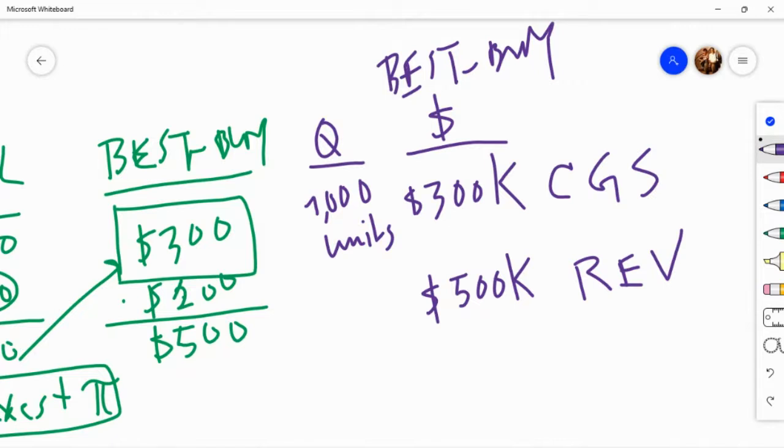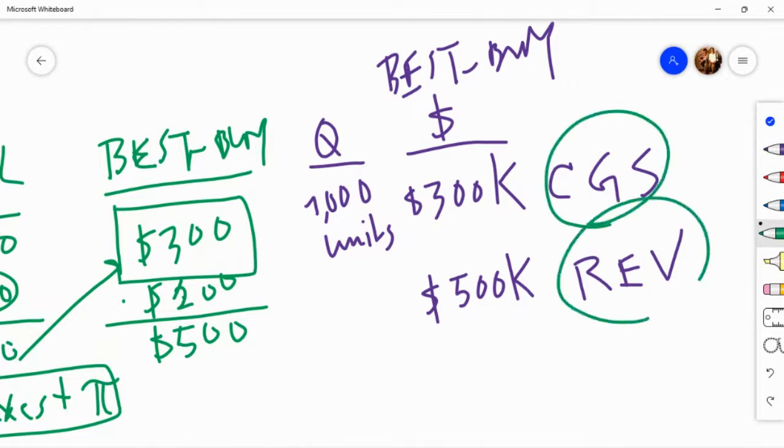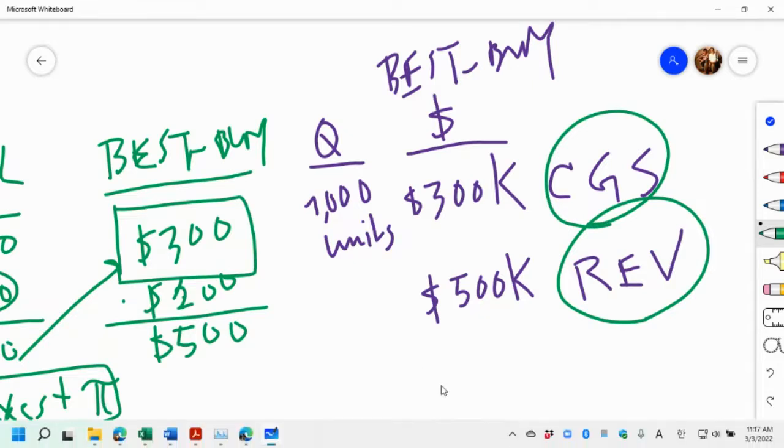And then if you think about it, cost of goods sold and revenue are two sides of the same coin. Cost of goods sold is the cost side of the revenue, right? Revenue is the price side of the CGS. Make sense?